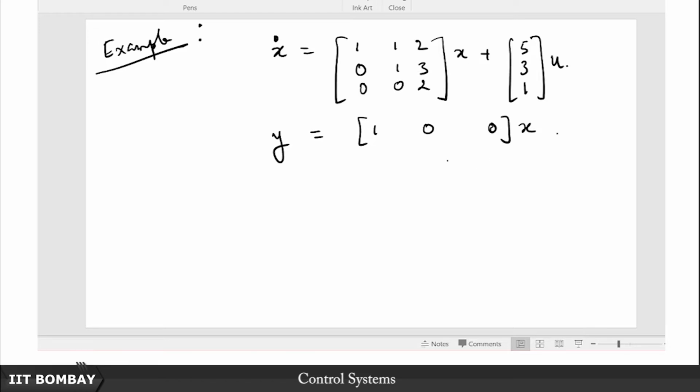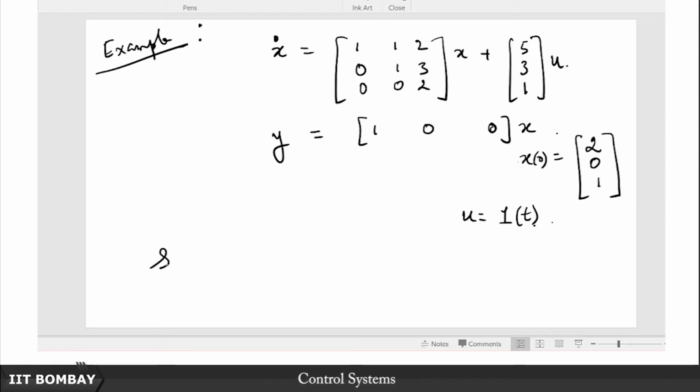We shall see that given that this x of 0, which is going to be a 3 tuple of numbers, is [2 0 1], and u is just the unit step.